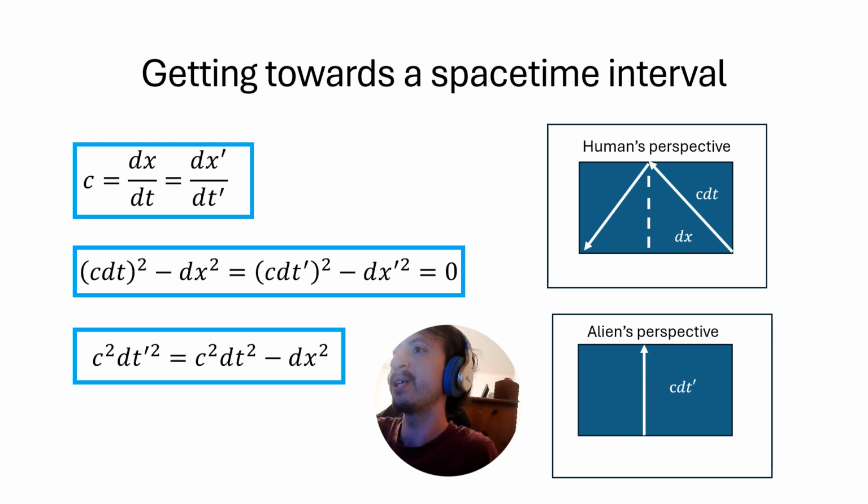And this brings into the equation the idea of time dilation. So whilst both the alien and human agree on the space-time interval between events, they do not agree on the time interval between events, something we find really bizarre because we're used to thinking that time moves at the same rate for all observers, but it doesn't.